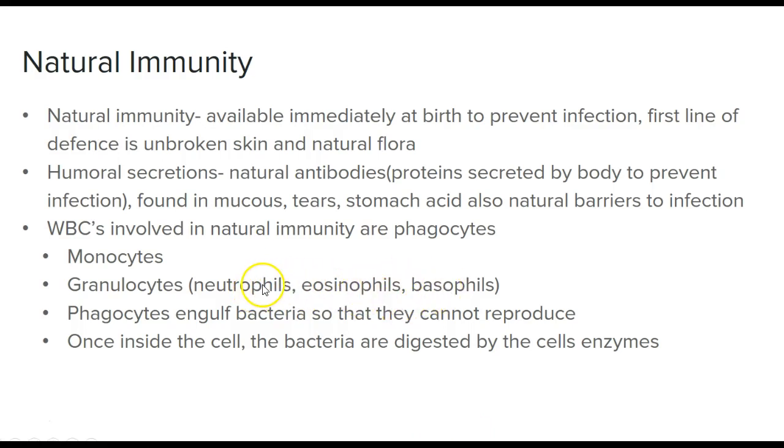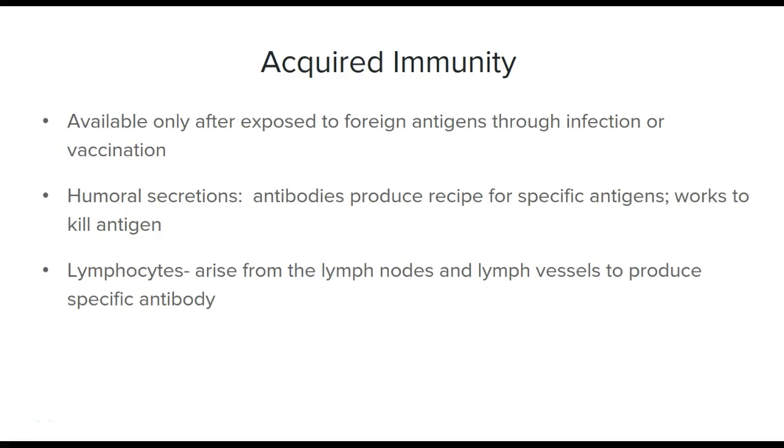And these three cells have specialized granules inside of them, and the granules are what actually breaks down the antigen. They engulf the bacteria, and then the bacteria are digested by the enzymes within the cell.